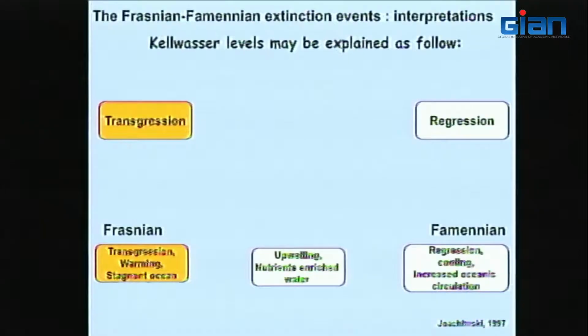Warm condition in terms of oceanography means stagnant ocean, no dynamic current. So if you do that, you will create, probably, and especially on a transgression, the water is moving to the shelf and will recycle a lot of nutrients. You will get more nutrients in a stagnant ocean, you will get anoxic condition, okay? This is a little bit like the Black Sea model. I will go back to that tomorrow.